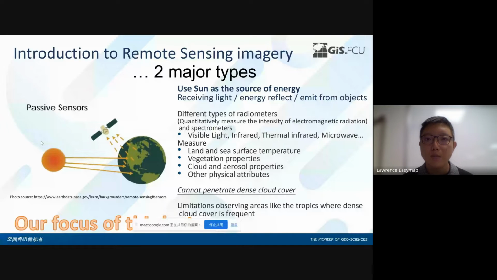There are so many different uses of such sensors, such as measuring the land and sea surface temperature, weather properties, and other physical attributes. But there's one quite a disadvantage of this kind of sensor: it cannot penetrate through dense cloud cover. It is a limitation and also a characteristic of such sensors.